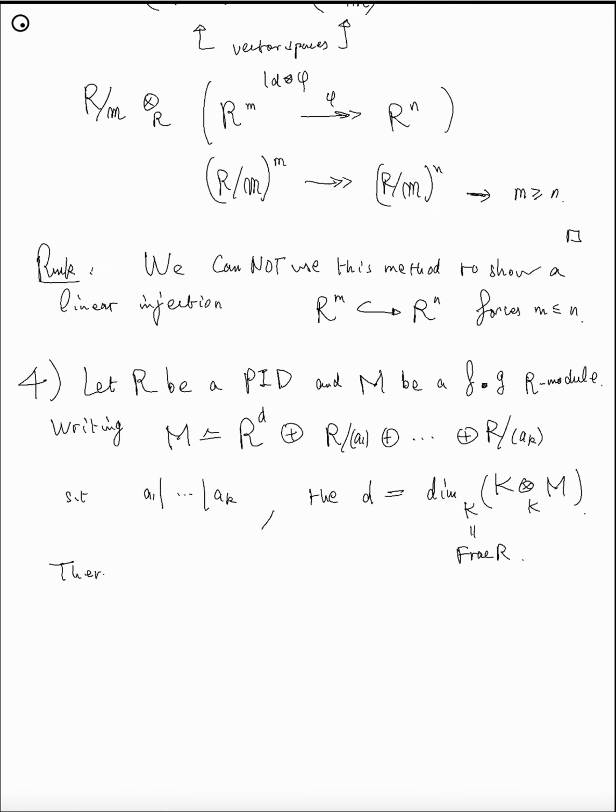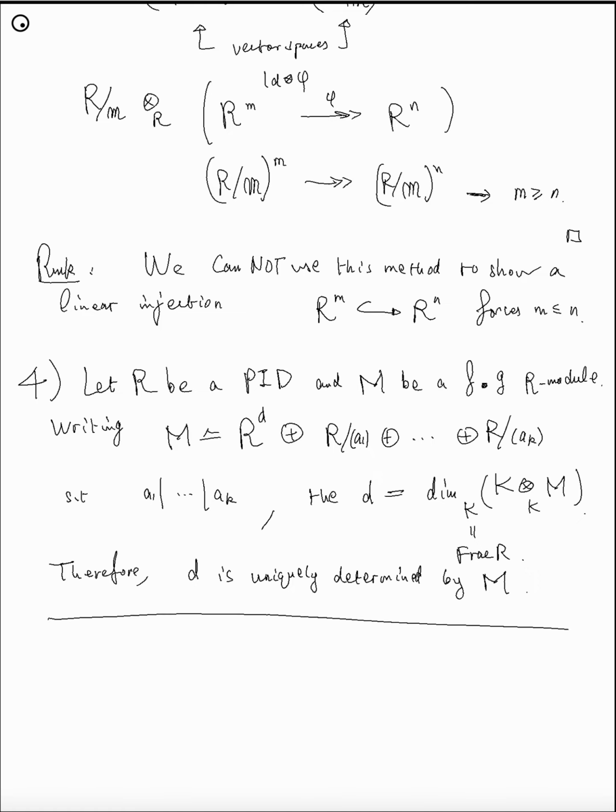Therefore, remark, d is uniquely determined by M, and it makes sense to define the rank, the freeness, of M. Maybe we are not assuming we know the structure theorem.